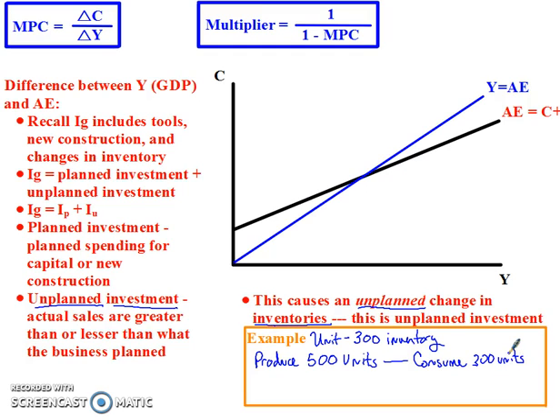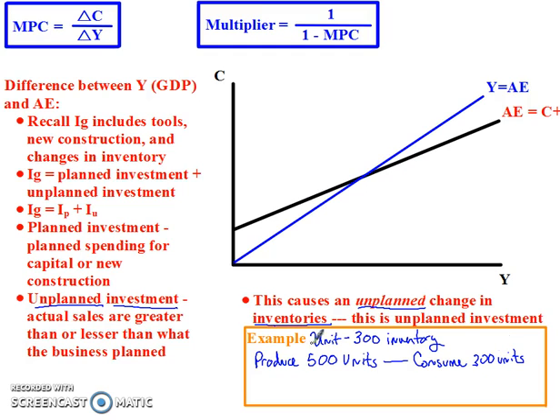So now what has happened to your inventory? Well, you produced 500 units. Those 500 units got put on the shelf, so now you have 800 units. Oh, but wait a minute. All 500 don't actually go on the shelf because consumers bought 300 units of them.